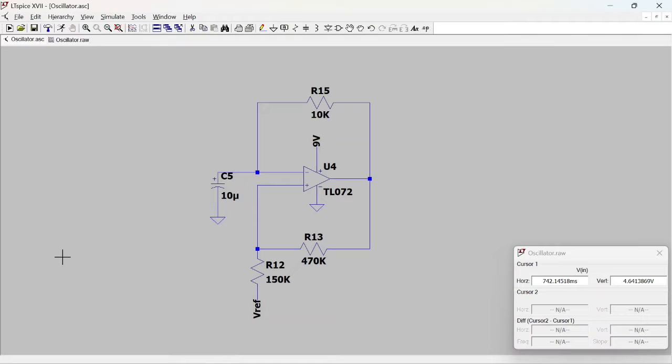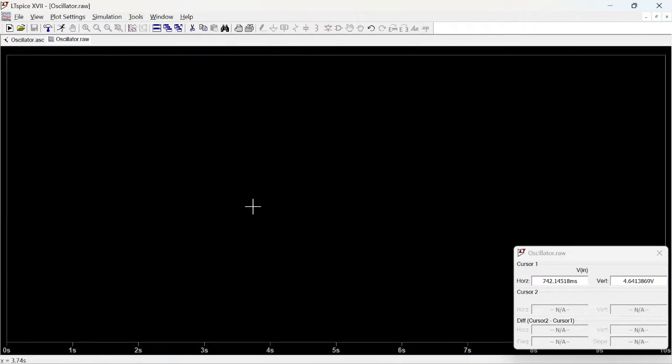As the triangle or that input goes up, this is actually charging through this resistor. This capacitor is charging, and then when it reaches that threshold, the output goes down. So now our capacitor is discharging. So what we get here is actually that triangular input that we saw just earlier. That's how we get this oscillation. So let me run this, and you'll see what I thought about it.